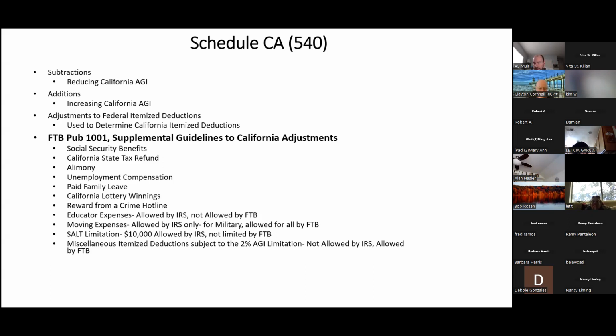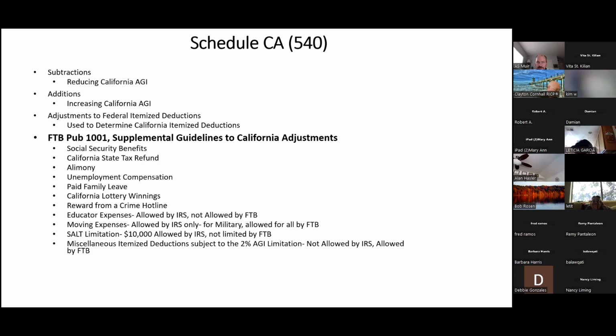For example, we're going to show you a tax return where the taxpayers have reported a certain item on their federal return, and it's going to be a subtraction on their California return because California does not conform with the federal government on that particular item.